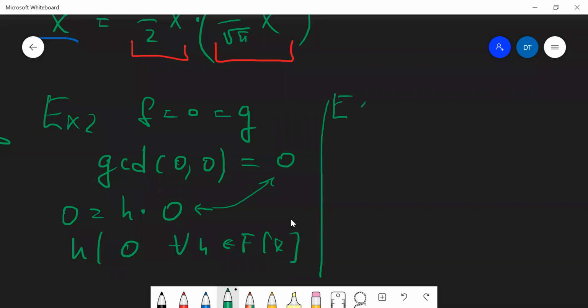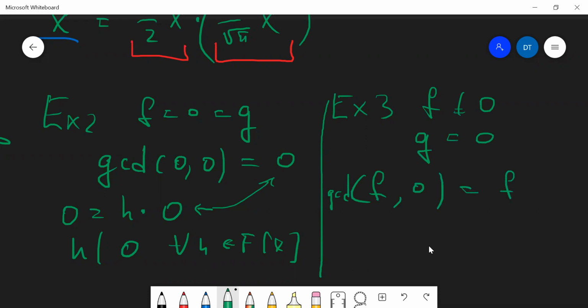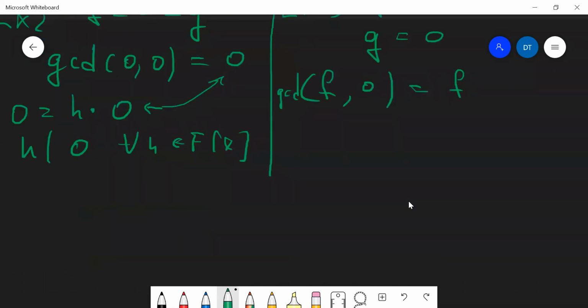Another example is when one of the polynomials is not 0 and the other one is 0. In this case, the greatest common divisor of f and 0 is just f. Because in this case, f divides 0, and if one of them divides the other one, then the greatest common divisor is, by definition, the one which divides the other one.